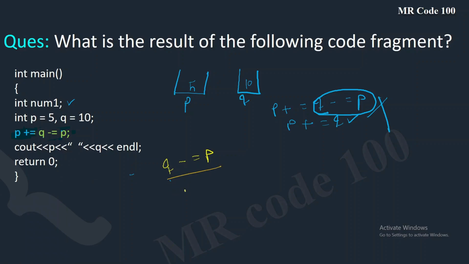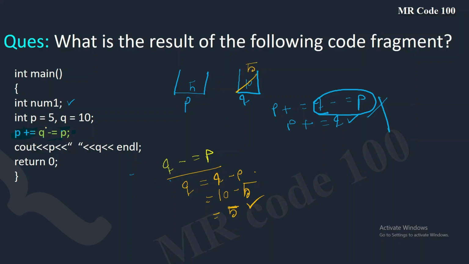What does this portion mean? This portion means q equals q minus p. Now tell me what's the value of q. The value of q is 10 and the value of p is 5. Right? So what should be the answer? 10 minus 5 equals 5. Okay. Now we have got the value of q is 5.